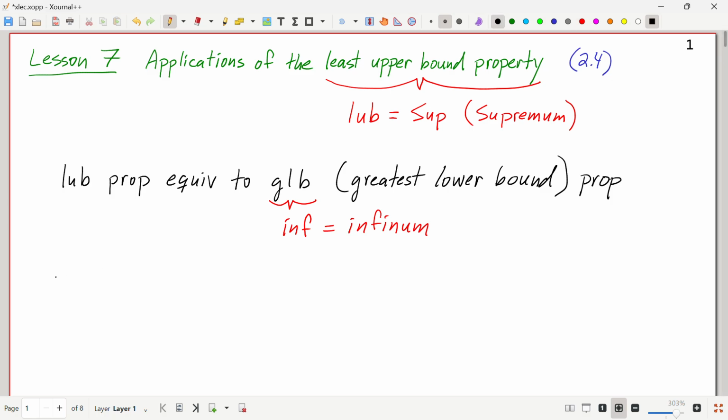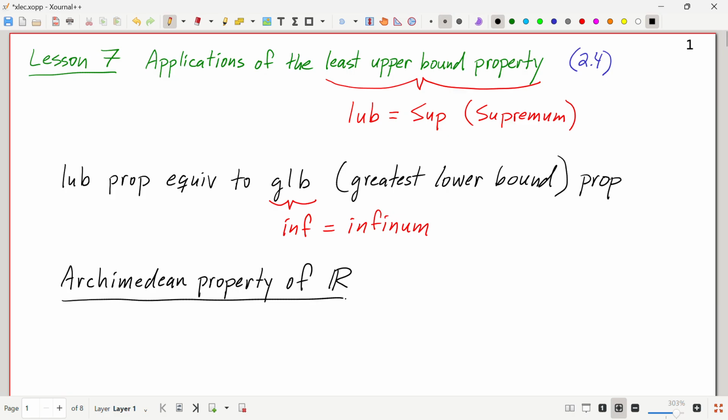At the end last time, I discussed a little bit about the Archimedean property of the real numbers, which says that given a real number r, I like to use r for real numbers. The book sometimes uses x or y, but I like to use little r just to emphasize that it's a real number.